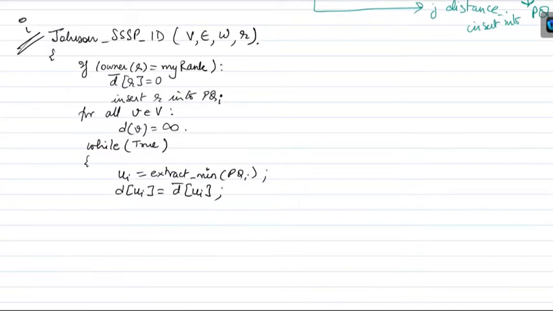Now, what do I need to do with this UI? I need to go and examine all its neighbors, prepare messages and send to the owner, right? So for all neighbors V in the adjacency list of U.